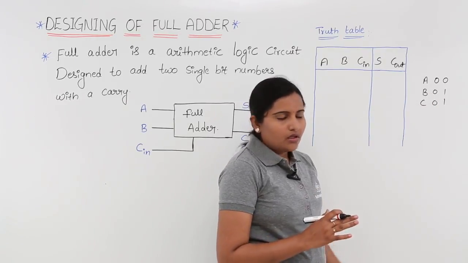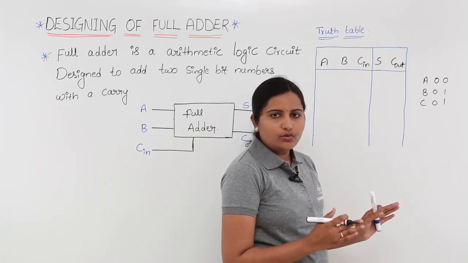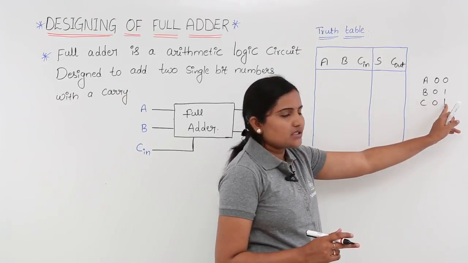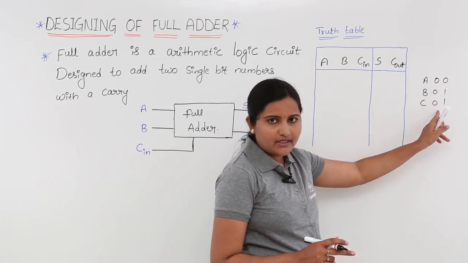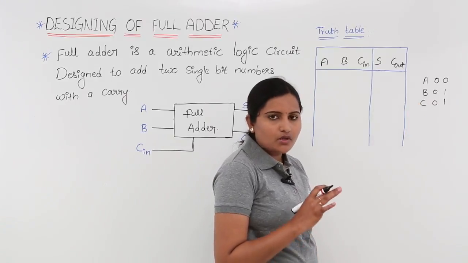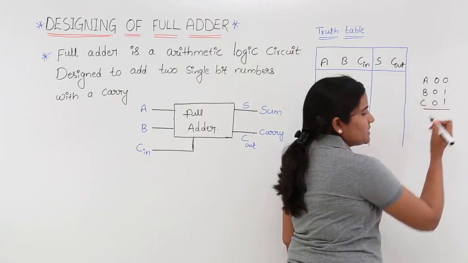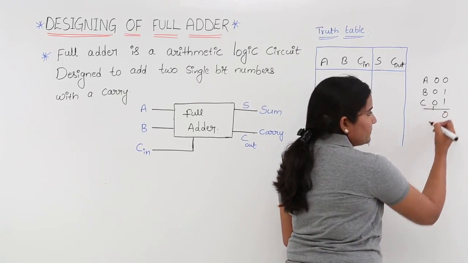Now to add these two numbers, B and C, you need 2 half adders, because to add these 2 bits you need one half adder, and to add these 2 bits you need another half adder. After adding 1 plus 1, you get 0 with carry 1.